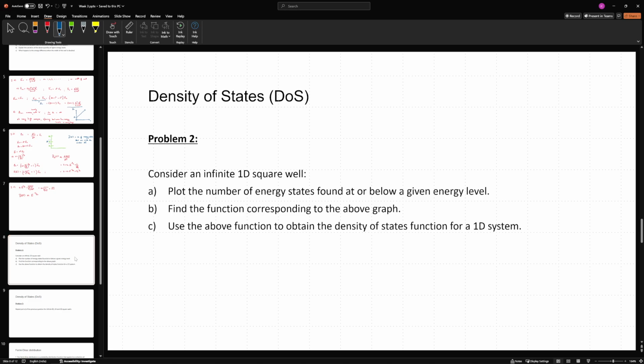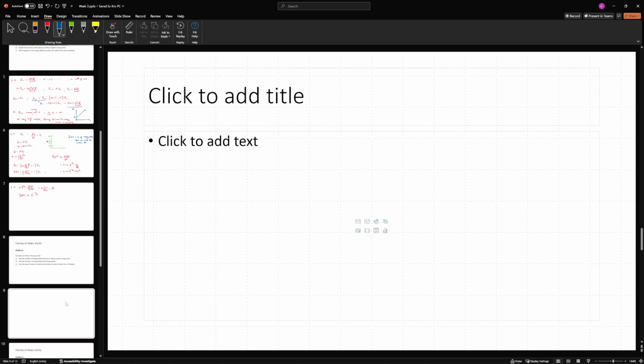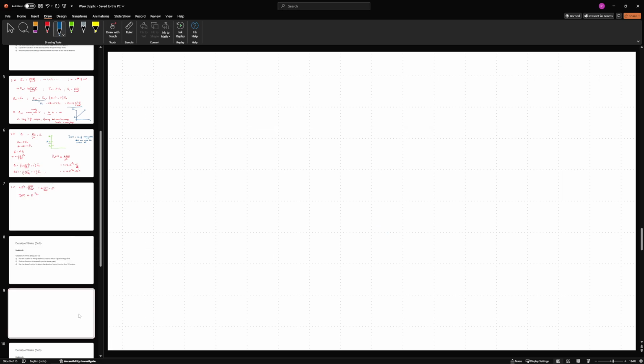So for that we need to go to problem 2. Same again, we are back to a 1D square well. Now we need to plot the number of energy states found at or below a given energy level. So 2a.